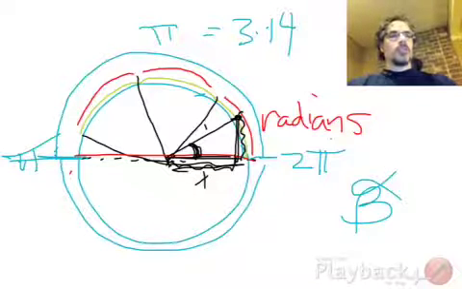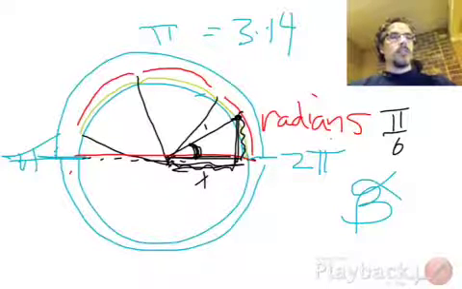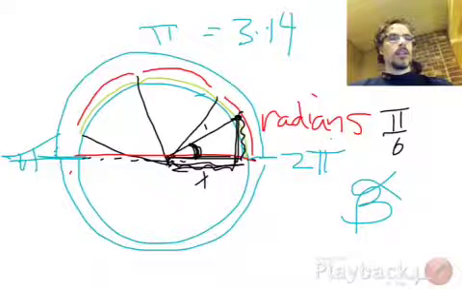So if it was pi by 6, it would be pi by 6 radians is the angle.